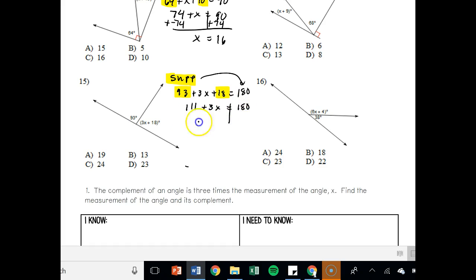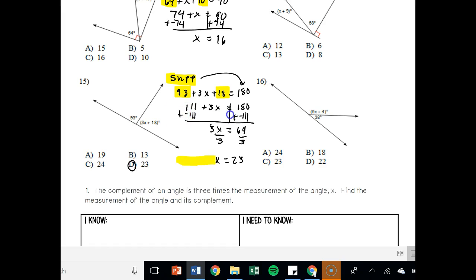And then we'll solve this two-step equation. We'll add negative 111 to both sides. Get 3x is equal to 69, and then divide by 3. So x in that case is equal to 23. Again, that angle measure doesn't equal 23, it equals 3 times 23 plus 18. But solving for x is just equal to 23.